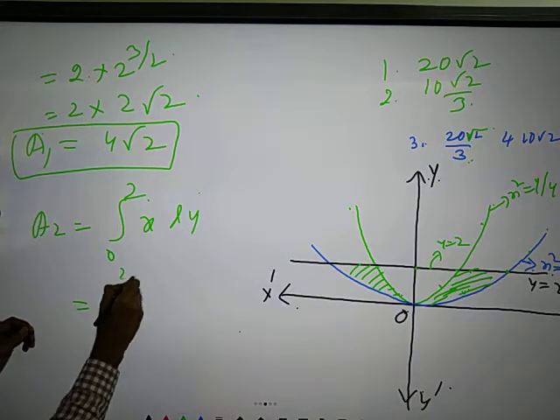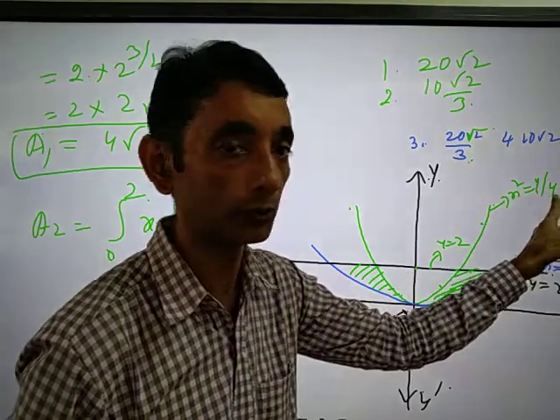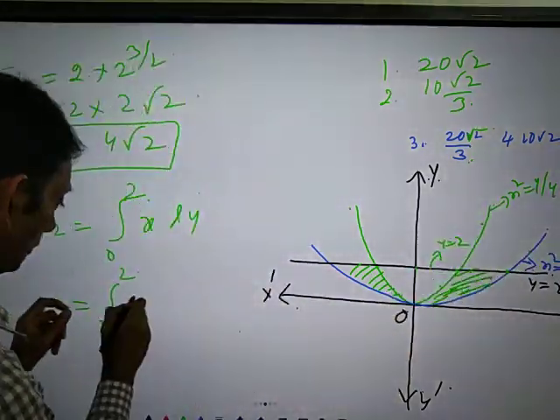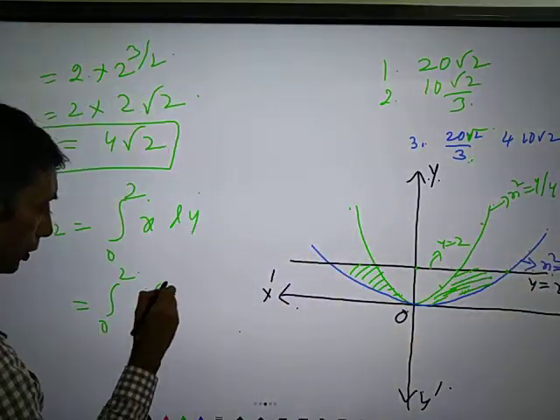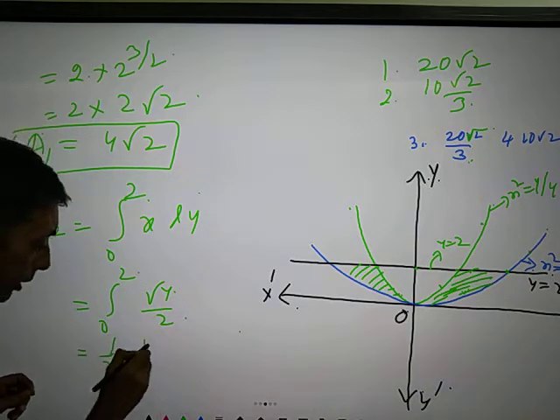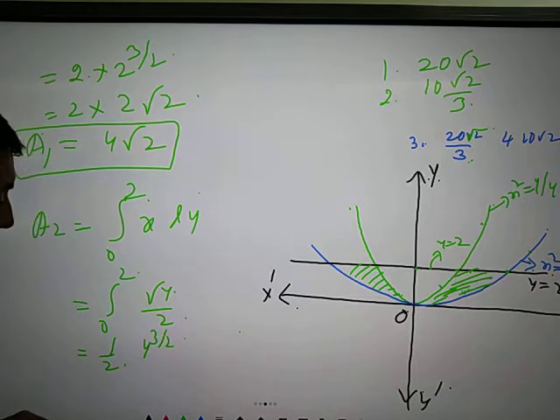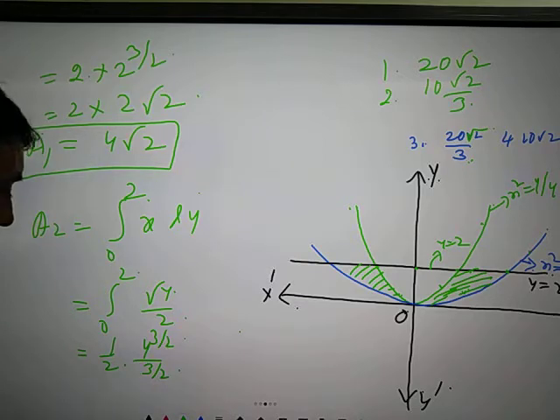So 0 to 2, x we will find from this. This is x square equal to y by 4, right? Since it is y by 4, x is equal to root y by 2. So we can take the half out and we'll just integrate root y, that is y to the power 3 by 2 by 3 by 2. Fine.